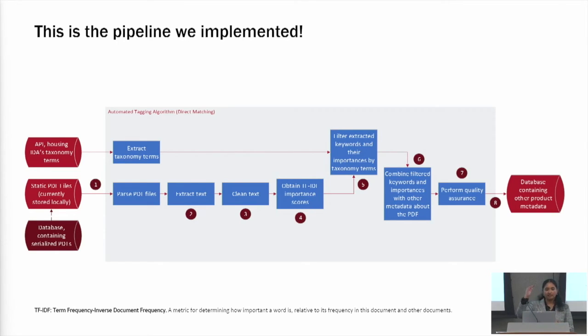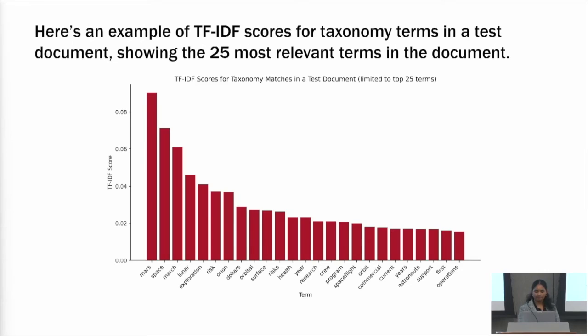We filter this list of extracted keywords using our taxonomies, we perform some quality checks, and then finally we write this data set of products, their tags, and their importance scores to a database for some further analysis.